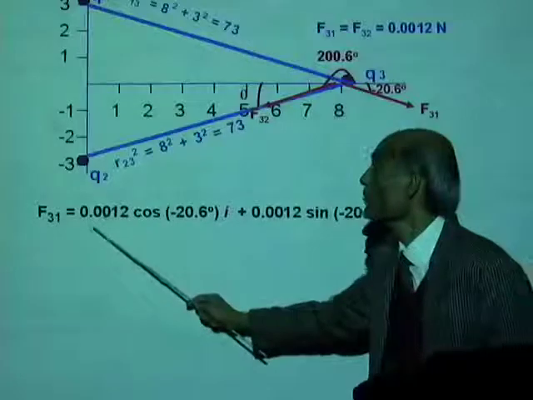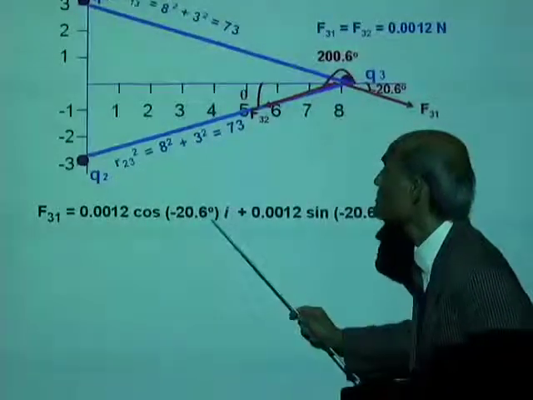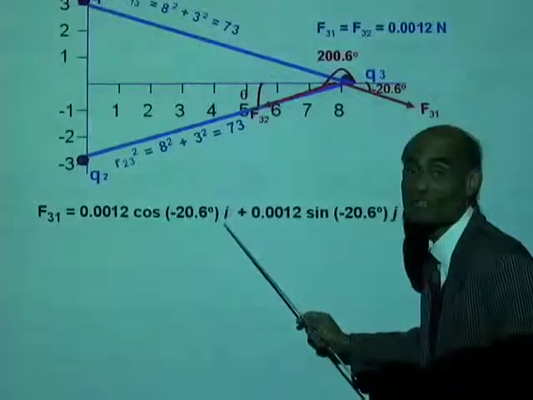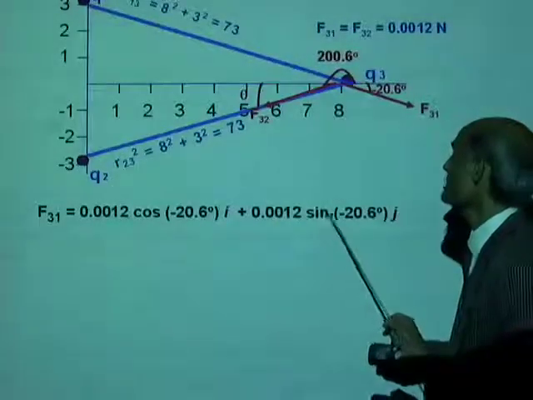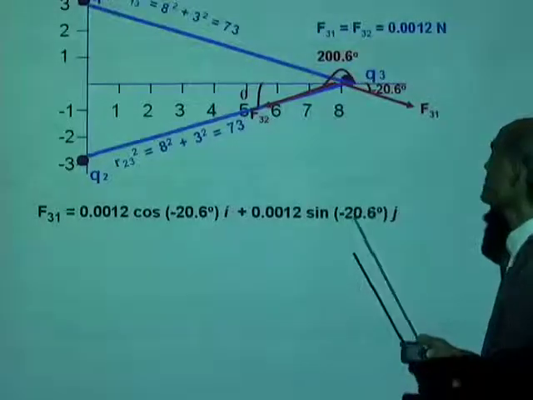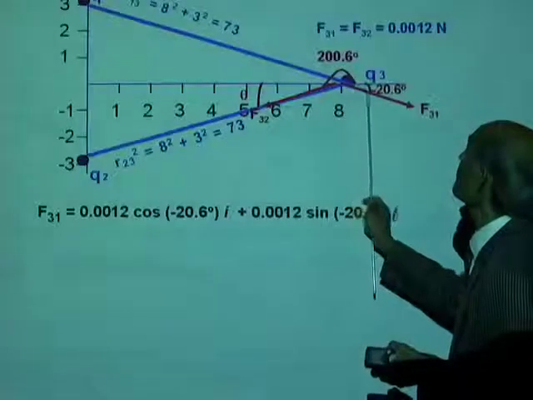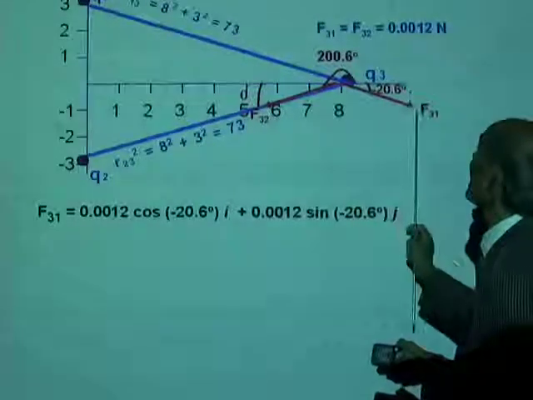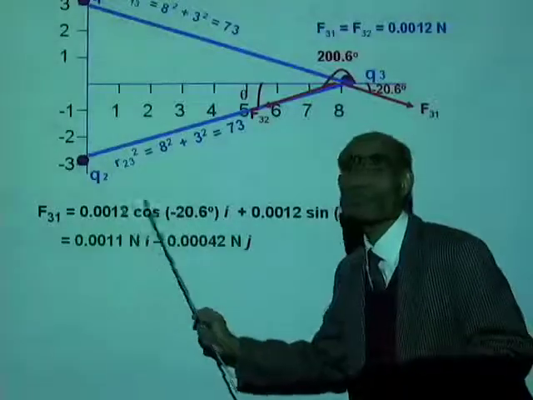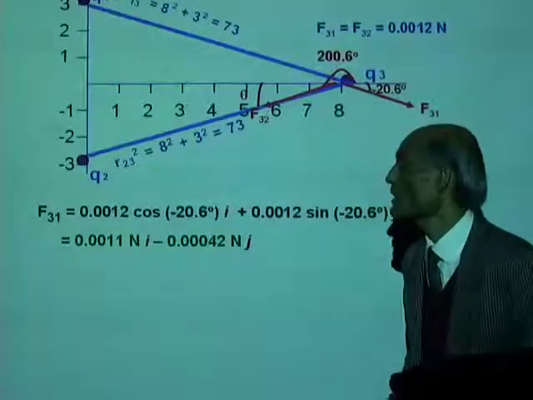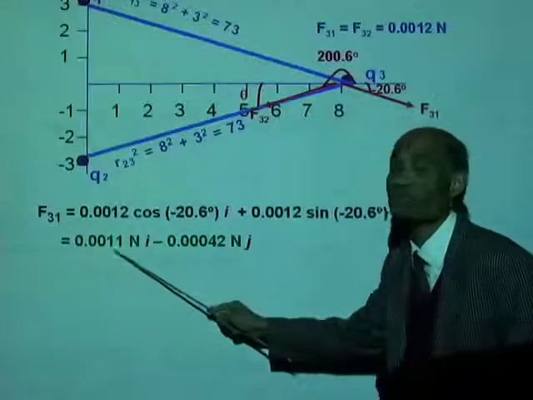F31 is 0.0012 cos negative 20.6 degrees i plus 0.0012 sine negative 20.6 degrees j. In other words, it is made up of the x component and y component. And use your calculator to work it out. That gives me 0.0011 Newton i, the x component.